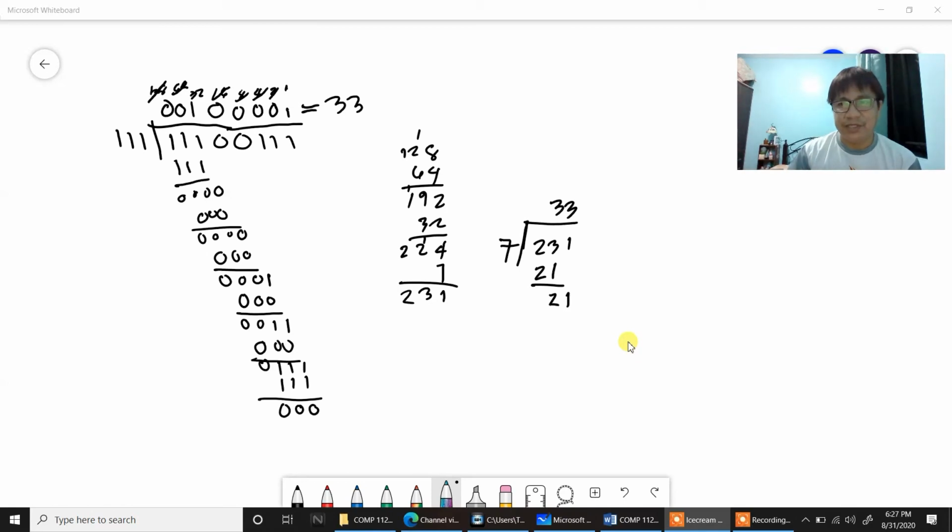That will be the remaining number system that we are going to discuss in the next lesson for week number 3. Expect that I will be sending the week 2 activity or assessment number 2 for the subject COMP 112.